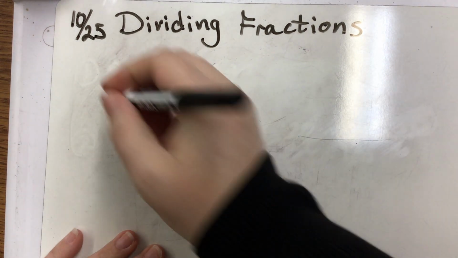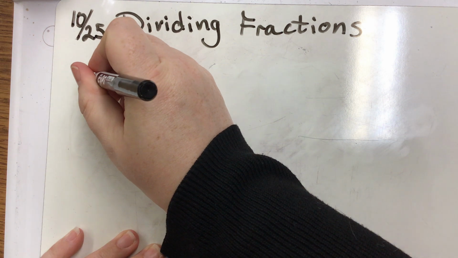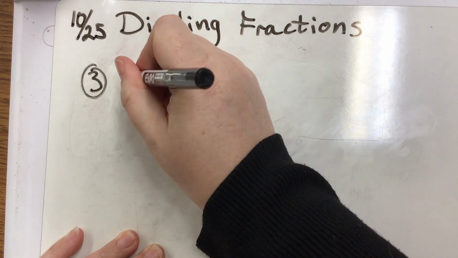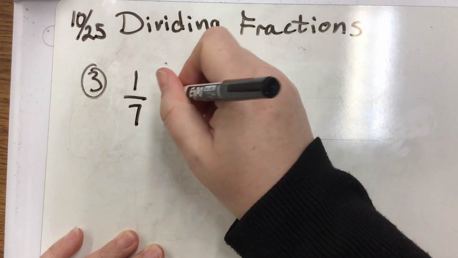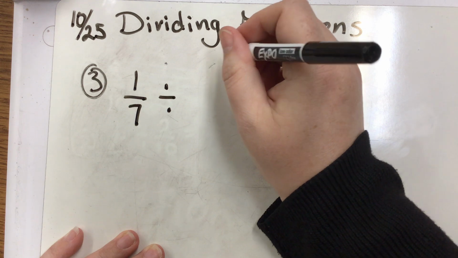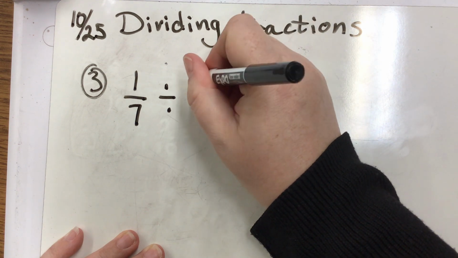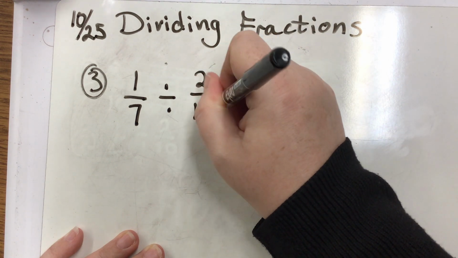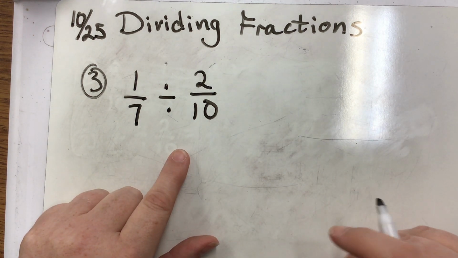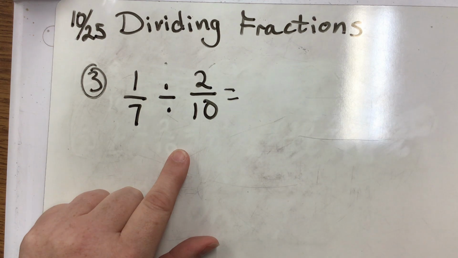All right, number 3. We have 1/7 divided by 2/10. Again, we must like dividing by 2/10. Okay, so how do we solve this guy?